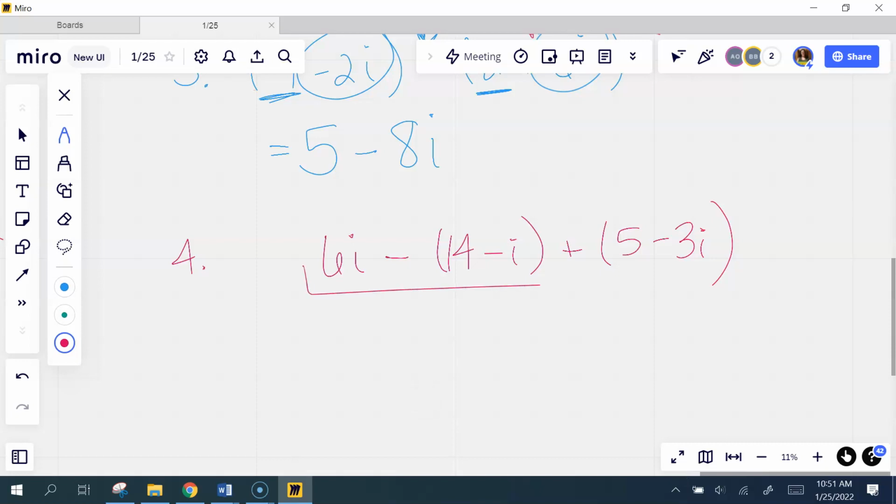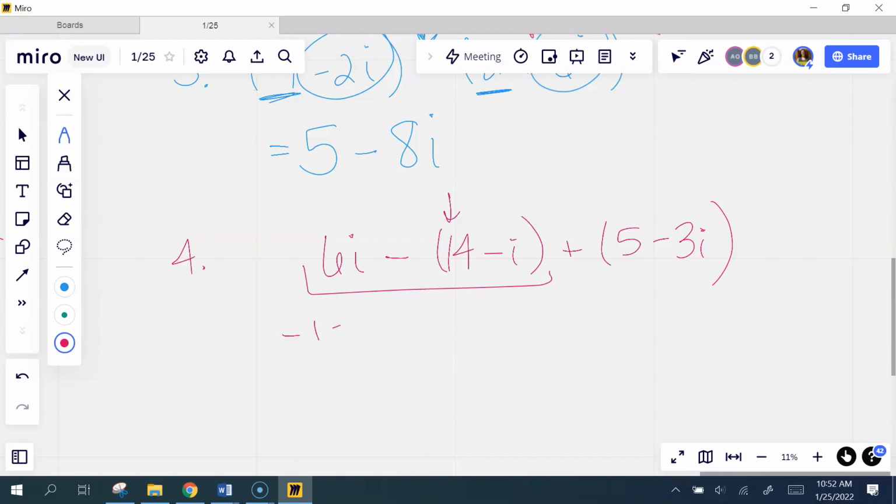So let's look at these two. That's right. So when we write complex numbers, we want to make sure we write the real number first, followed by the imaginary part. So here, 14 is the only real number. Do you see that? But it's not going to be positive 14. It's going to be negative, right?